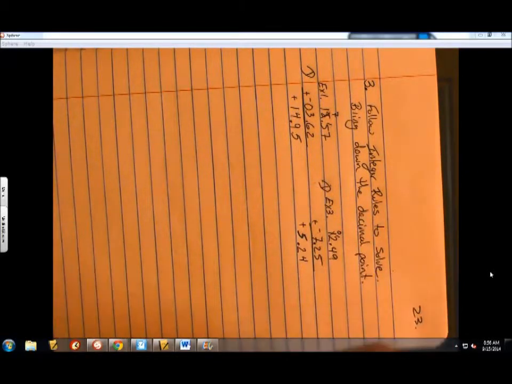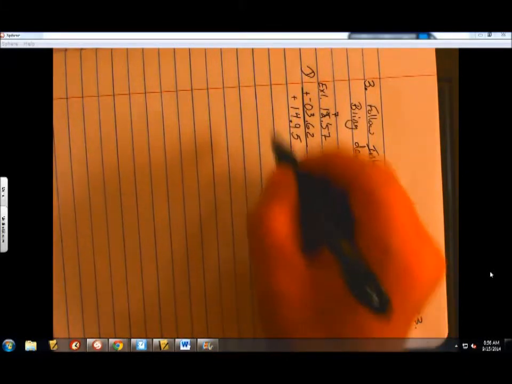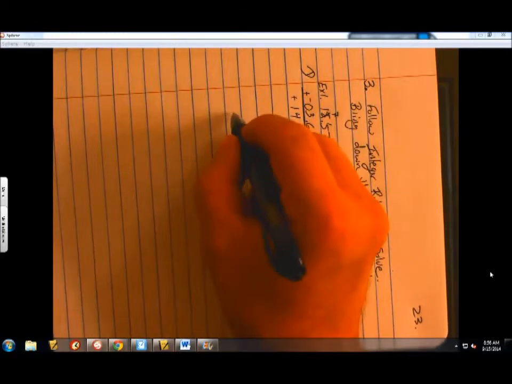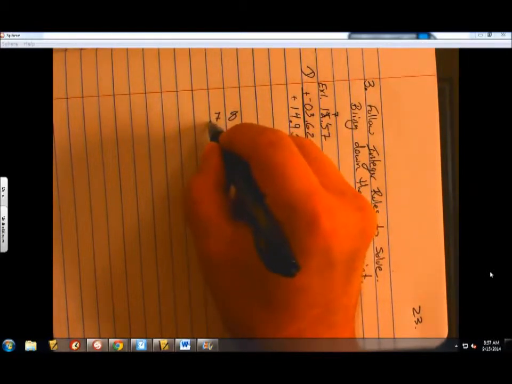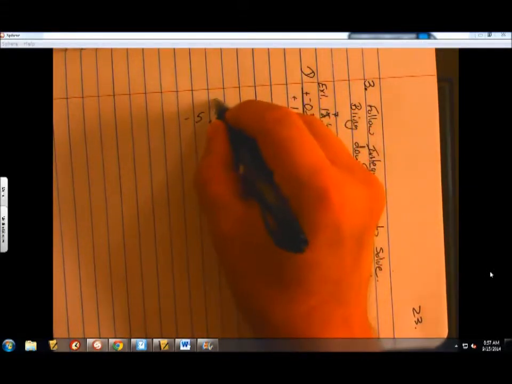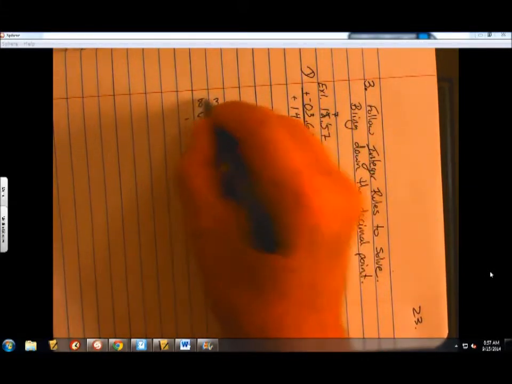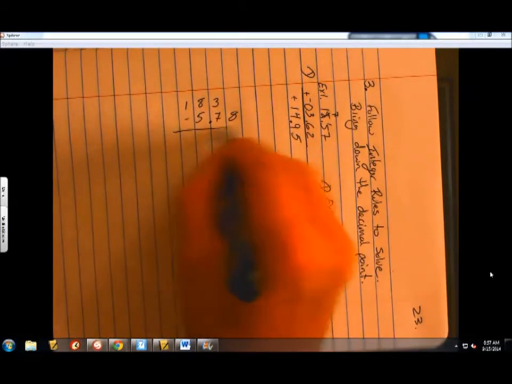All right, so let's turn our page and we'll go on to examples 2 and 4. Make sure to line them up in their columns. So we have negative 5 and 78/100ths. That's going to be the smaller number, so we'll put that on bottom.